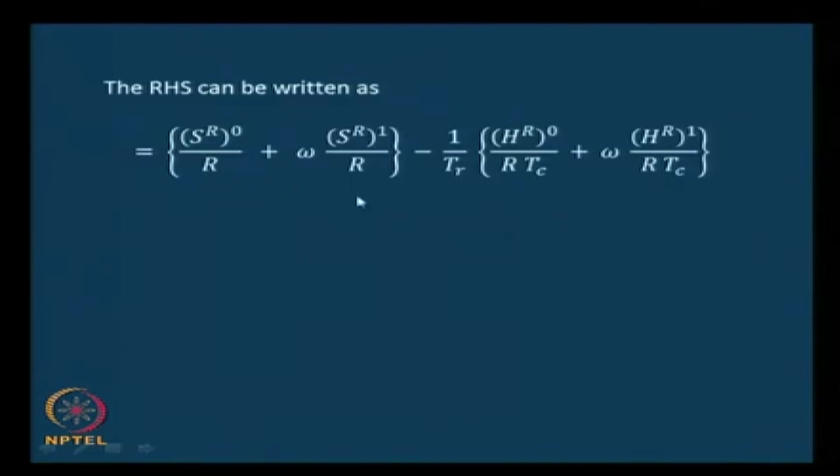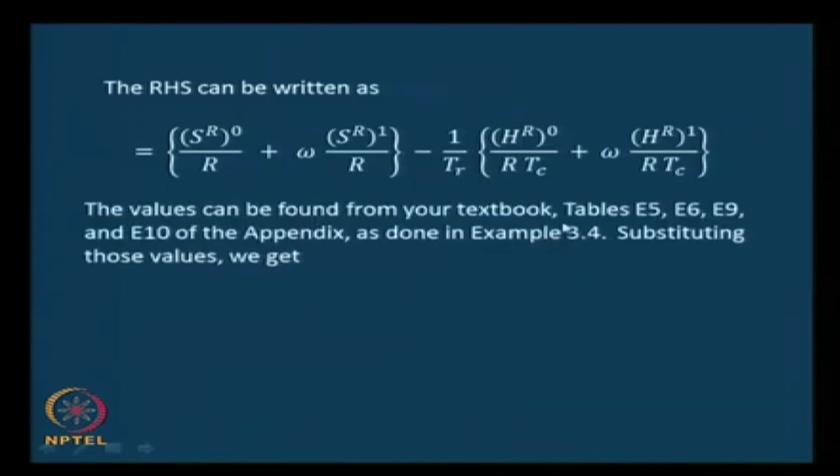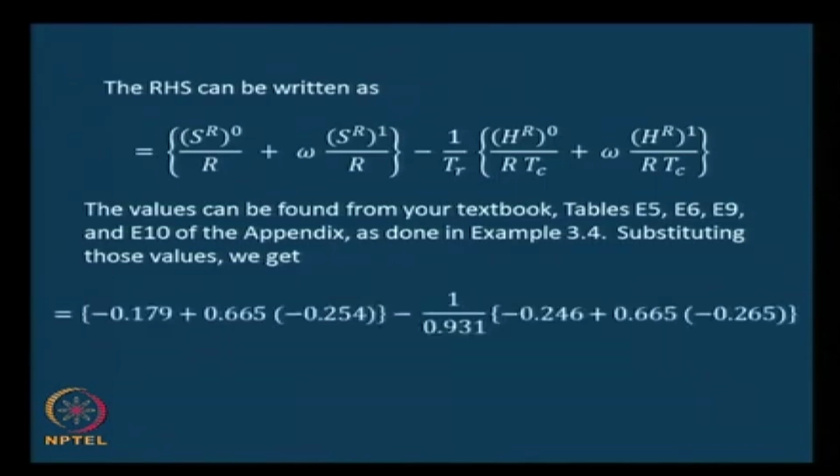Now, we can take these values from the tables available in the appendix. These are tables E5, E6, E9 and E10 of appendix E from your textbook by Smith, Van Ness and Abbott. This is pretty much similar to what we did in example 3.4, and substituting these values, SR0 by R was 0.179 and so on, omega is 0.665, SR1 by R was minus 0.254.